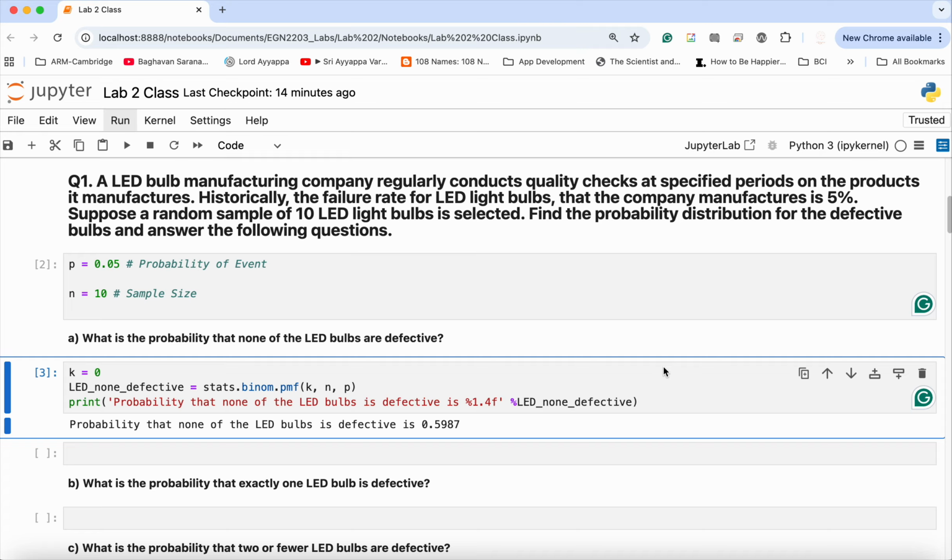Please try it out, and in the next video I will show you another way where you can get the information of all the probabilities upfront, and then you can solve other questions as well.